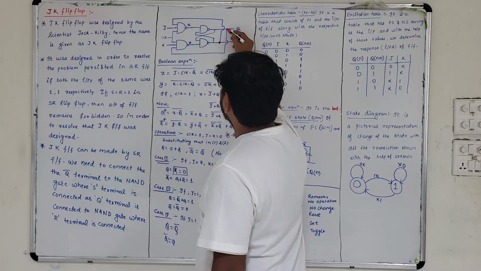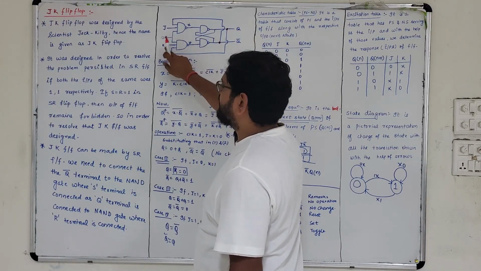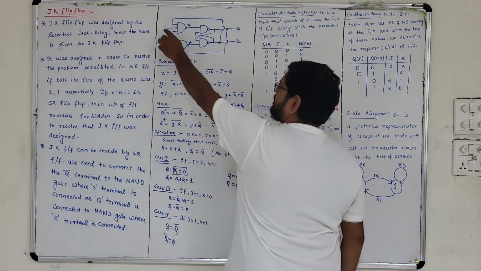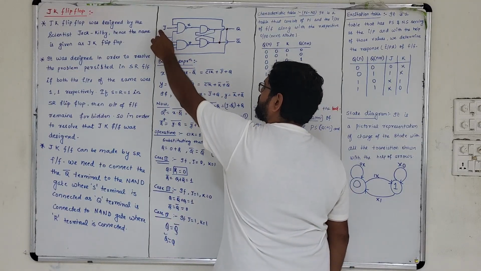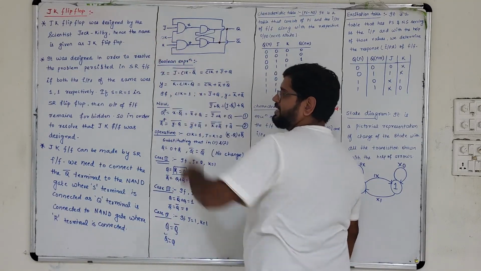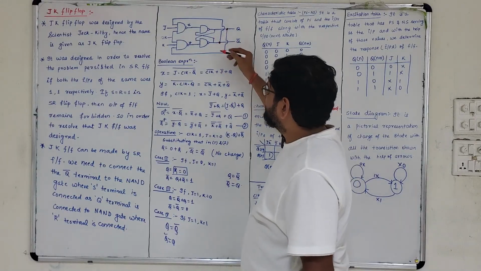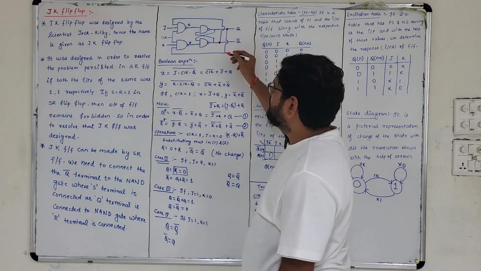Similarly, you connect Q to the NAND gate where R has been connected, and after that, in place of S and R, you write J and K, and those serve as the inputs. Once you are done with this, you go for derivation of the Boolean expression.